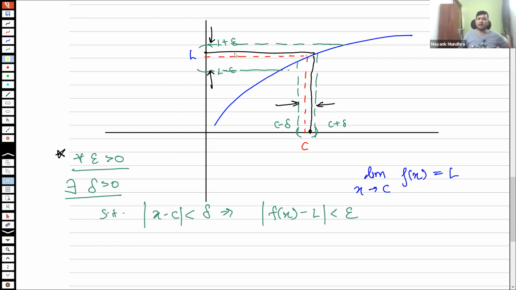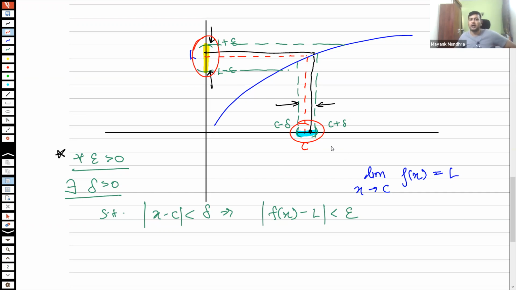You start with a band here, and corresponding to this band, you construct a band on the x-axis. So you say that any x in this blue band will have its image in the yellow band. So that is what the definition of limits is.